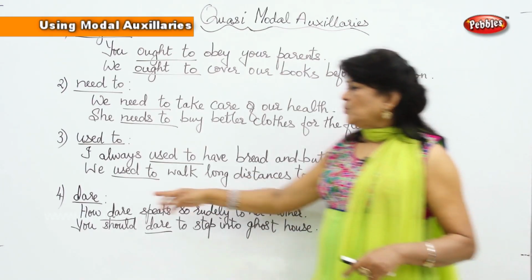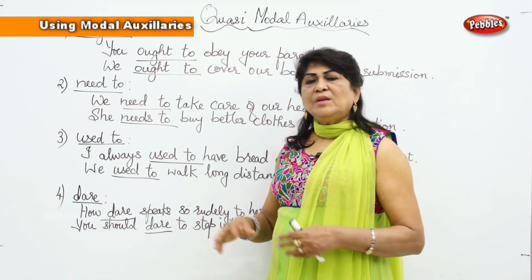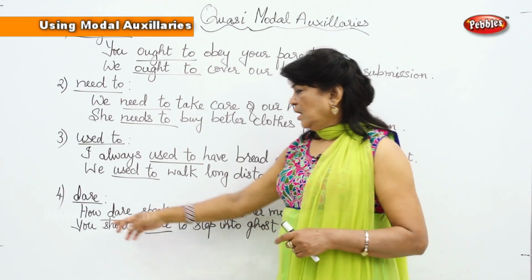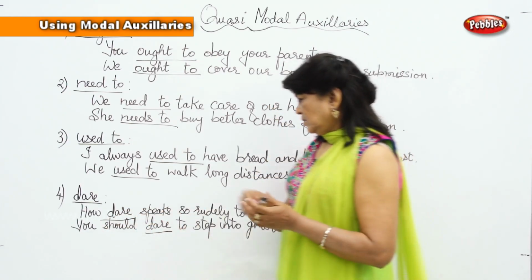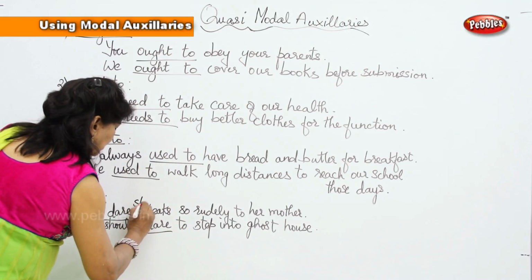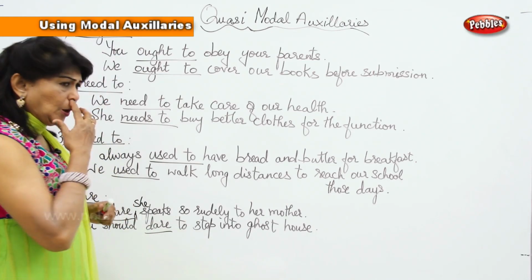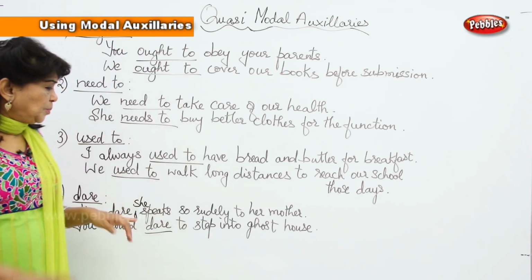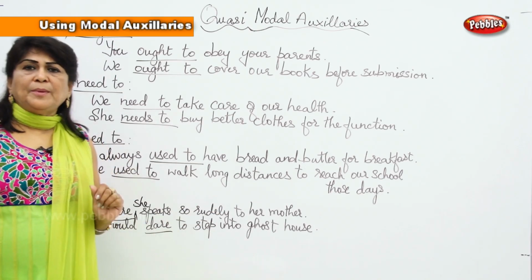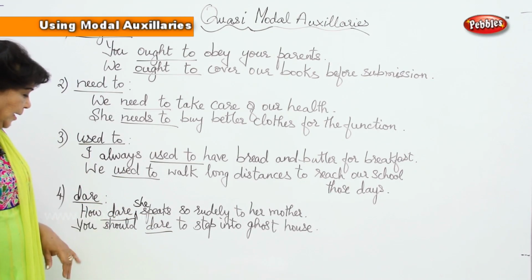Next one, dare is challenging someone, or even saying how bold she or he is. How dare she speak so rudely to her mother. How very bold she is to speak so rudely to her mother. A mother we should always respect. How can she speak so rudely? So you have used the word dare.